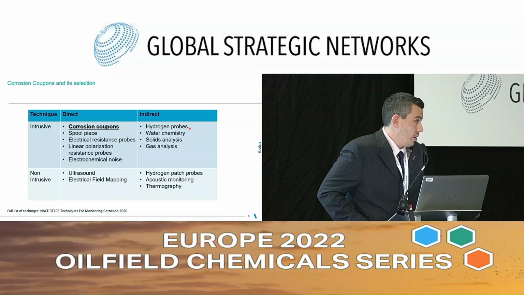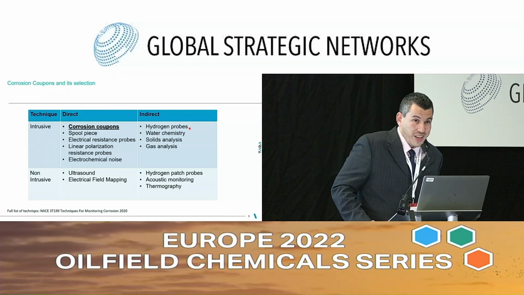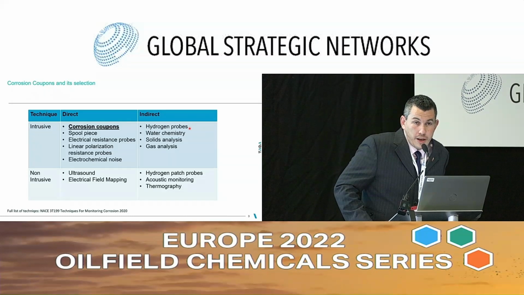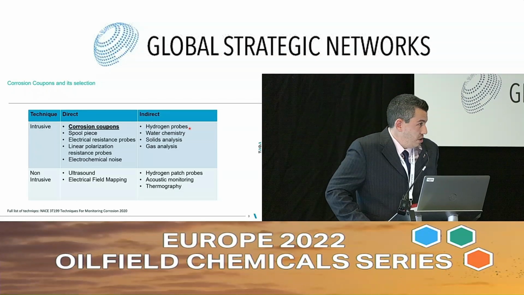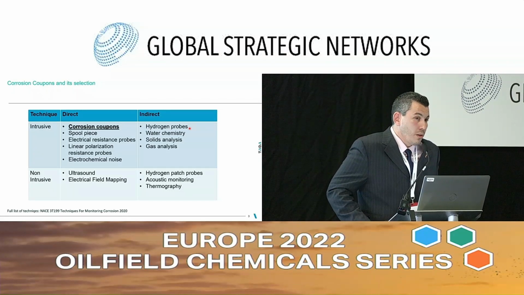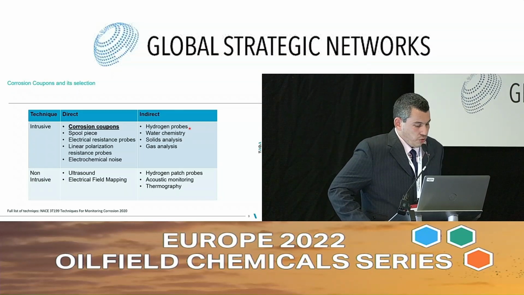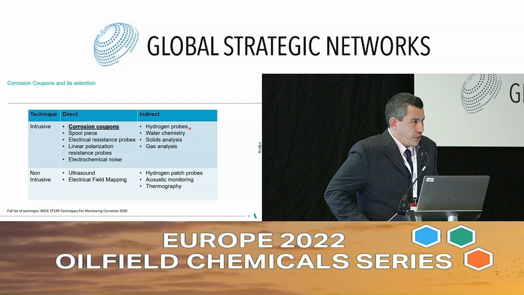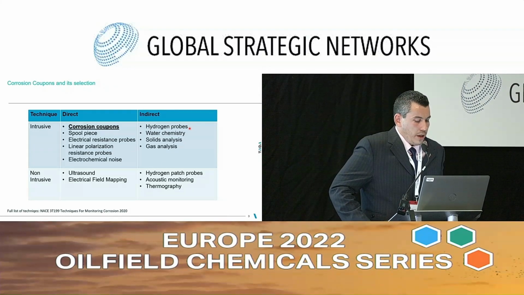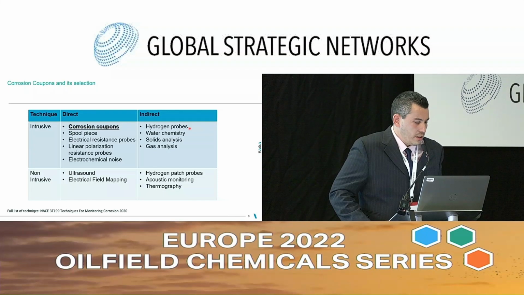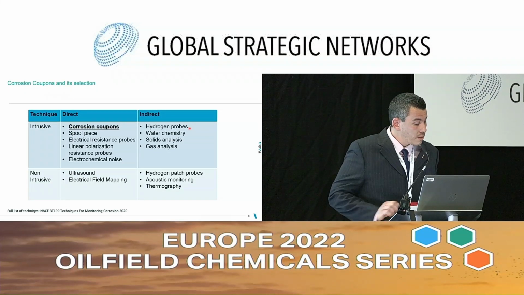That's quite simple, quite interesting because every day, every week, every month, you can take a sample and you can have an idea of how your process is, if your pH is as it is supposed to be, if your H2S content is as it is supposed to be, if the assumptions that you made during your design are still a reality. You can also do some solids analysis, gas analysis.